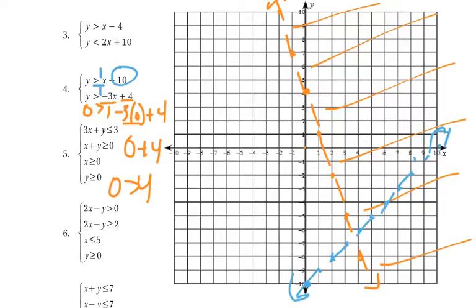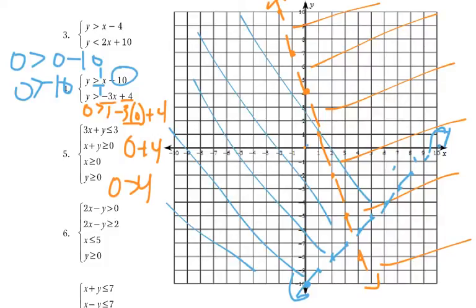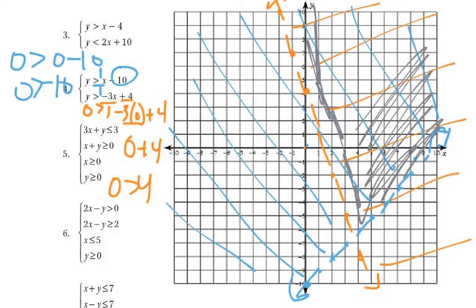Then pick our test point 0, 0. 0 for y, 0 for x. 0 minus 10 is negative 10. Is 0 greater than negative 10? It is, so we shade this side. So you can probably see where they overlap, which would be right in this zone. And that's our answer.